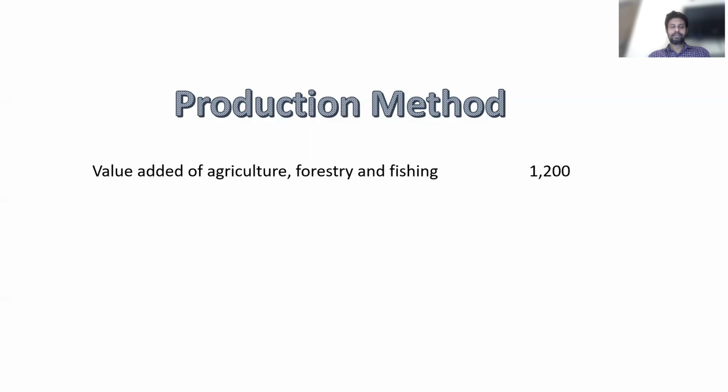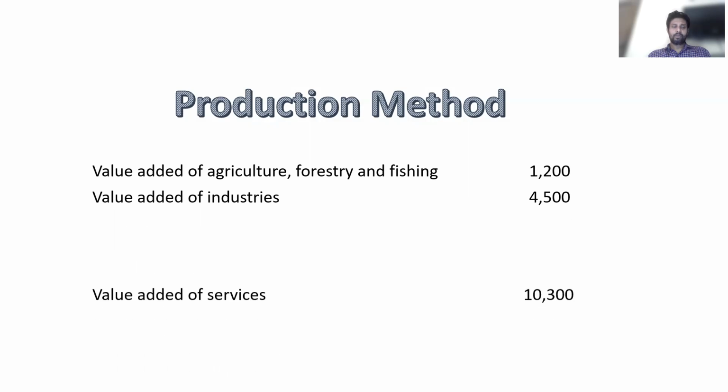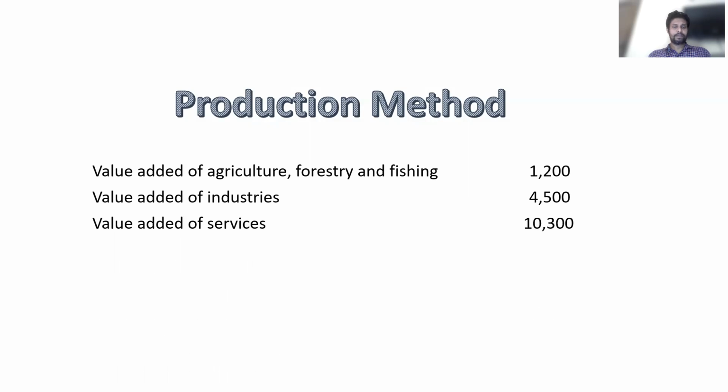We do concern what is meant by value added later, as well as secondly, we add value added of industries, simply secondary sector production. Meanwhile, value added of services, tertiary sector output. When we add these three together, we will calculate gross value added.